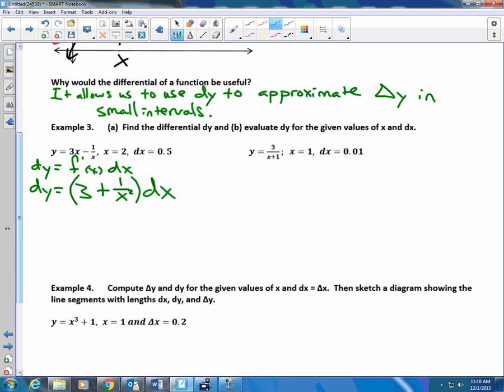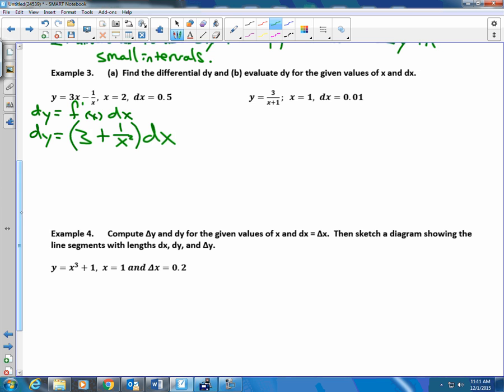Now, in order to calculate dy, we simply plug in our x value and our dx. So dy is equal to 3 plus, what is 1 over x squared going to be? 1/4, times dx, which is 0.5 or 1/2.